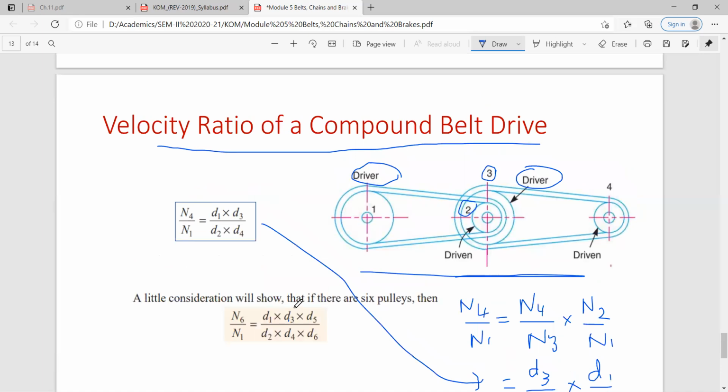So we will stop here. You can note it down. Any doubt you have regarding IA or something, I already told that in IA2 you will have 3 modules. Module 2, special mechanisms. Module 4, cam and follower.